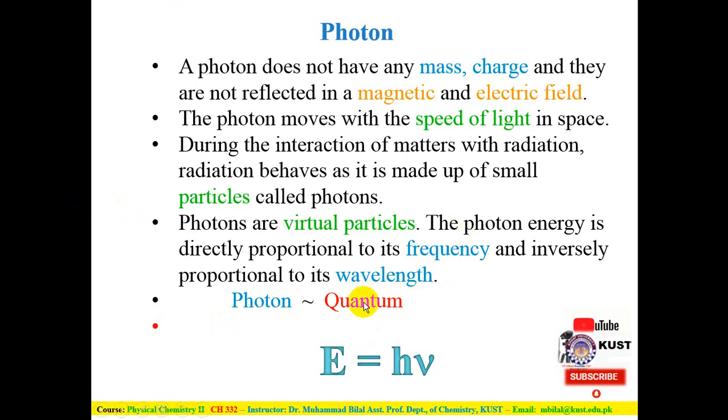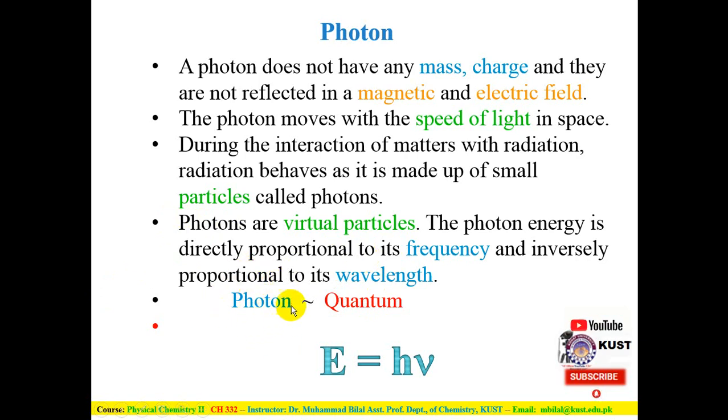Max Planck said that the radiation emitted from a black body should behave like tiny particles, and he called this tiny packet of energy a quantum. While Einstein said that any source of radiation, such as sunlight or another source, consists of tiny particles which he named photons.